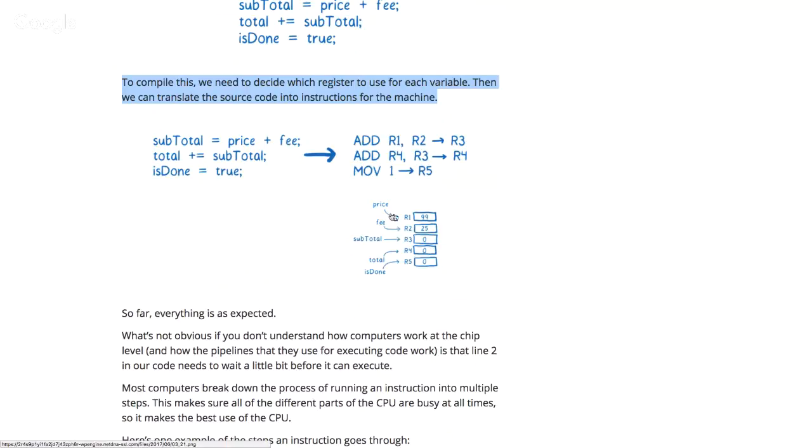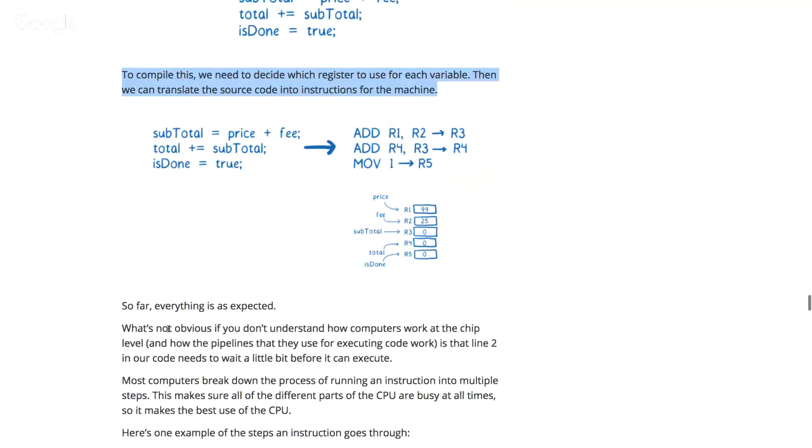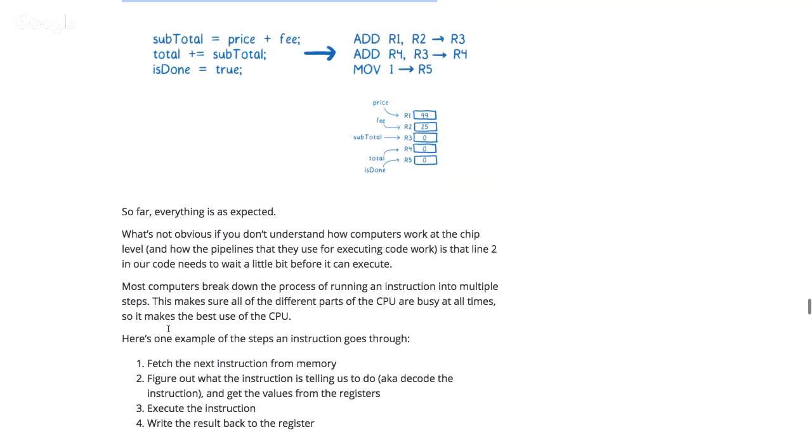Yeah, they're showing what R1, R2, R3, R4, R5 represent. I think this is before any of the operations execute, they're showing what the values are. So far, everything is as expected.